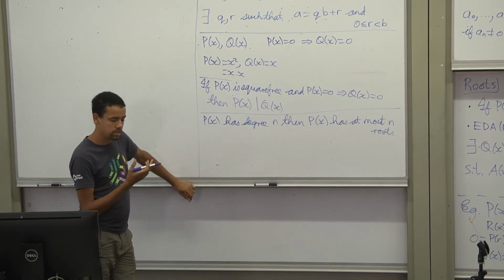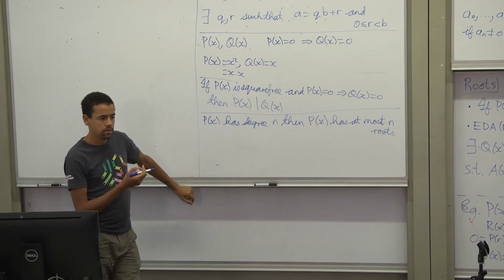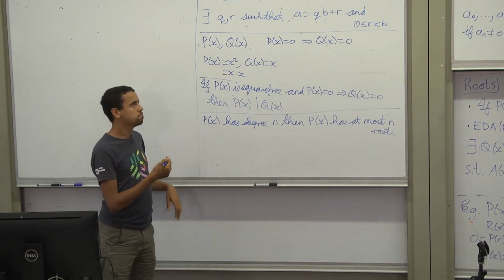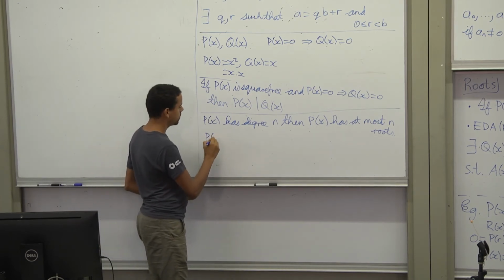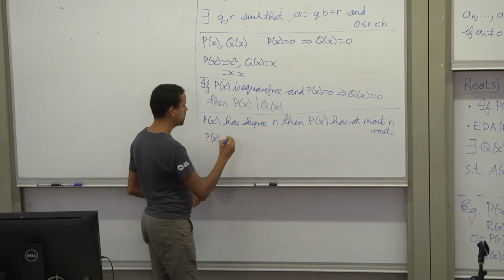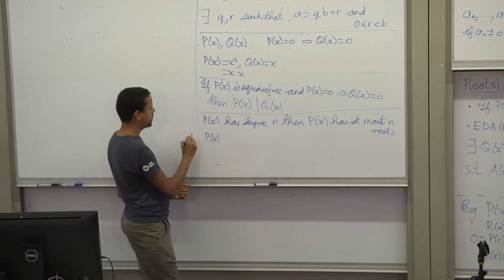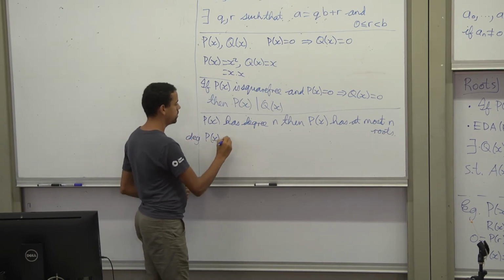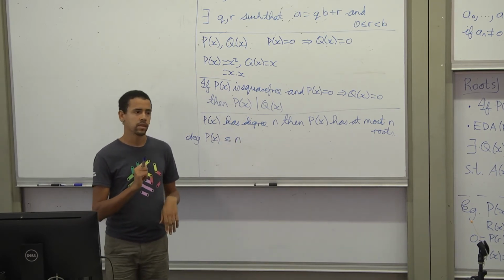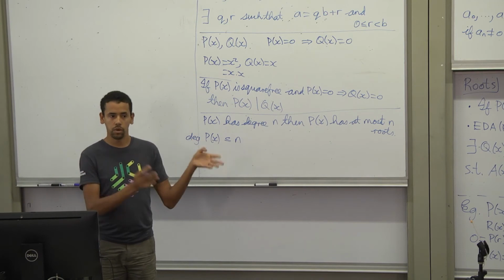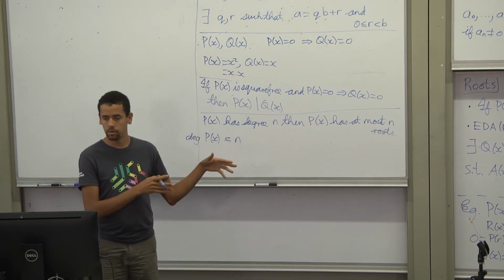Well, many times in a polynomial question, you would have some polynomial, let's say p, that has a particular degree. Let's say you have that the degree of p is less than or equal to n. It's at most something. And you manage to find more than n roots for this polynomial.